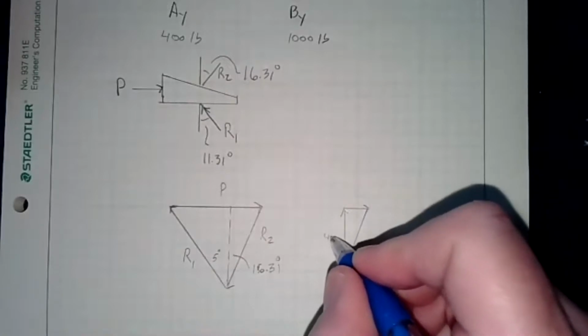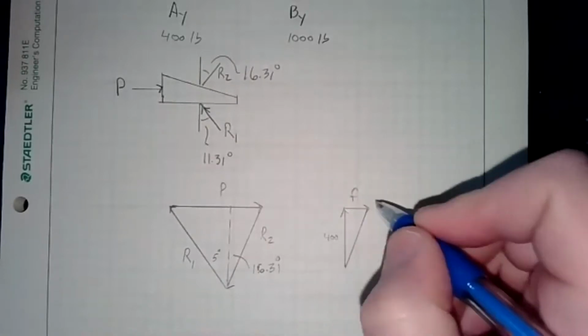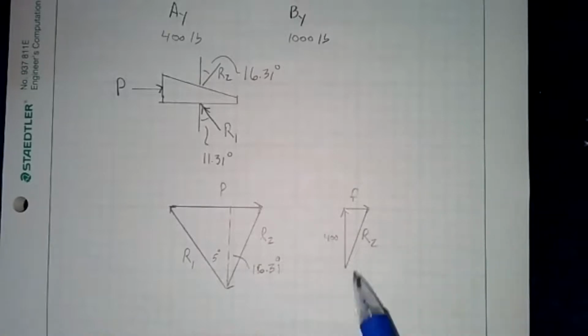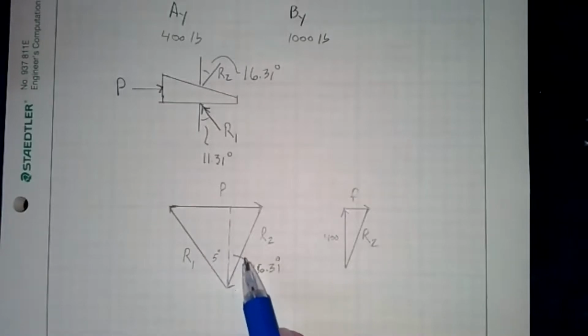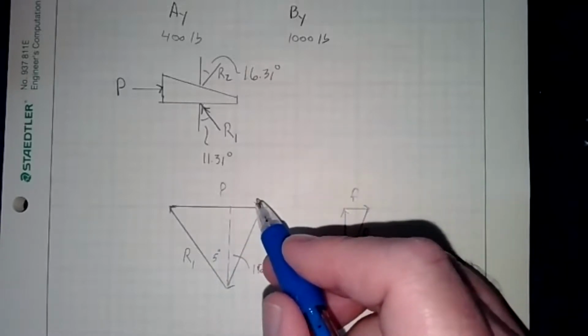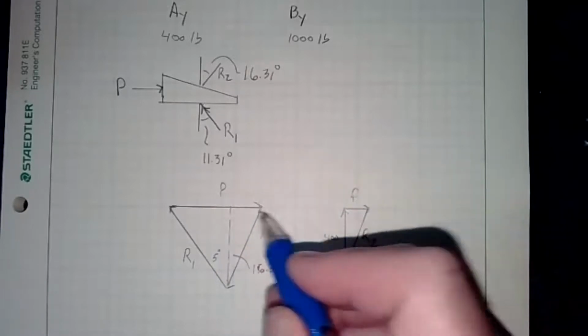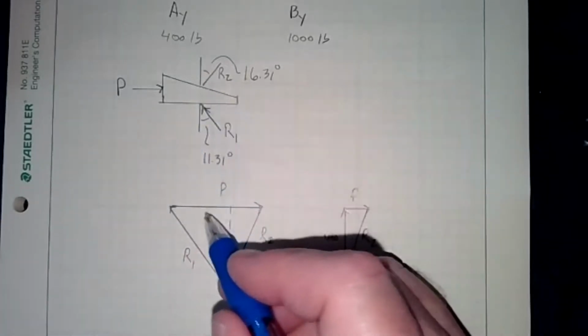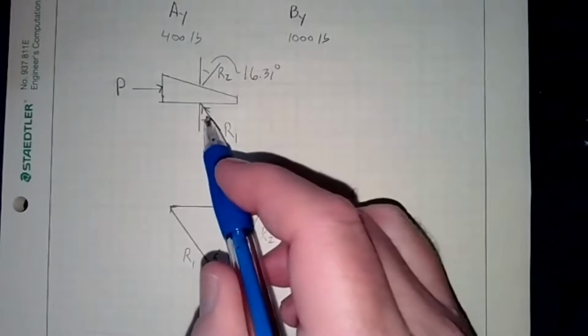So that's the 400, and then the friction component, and that would give us my R2. Because of that, we know the 400, then we can use that relationship of these two right triangles to solve for P. We know that P is going to be a combination of this friction here from the wedge top and this portion here from the wedge bottom.